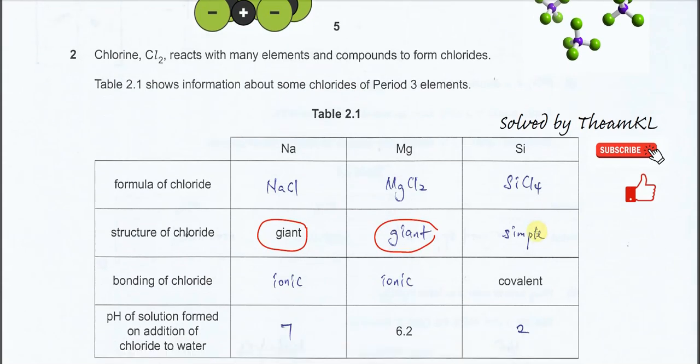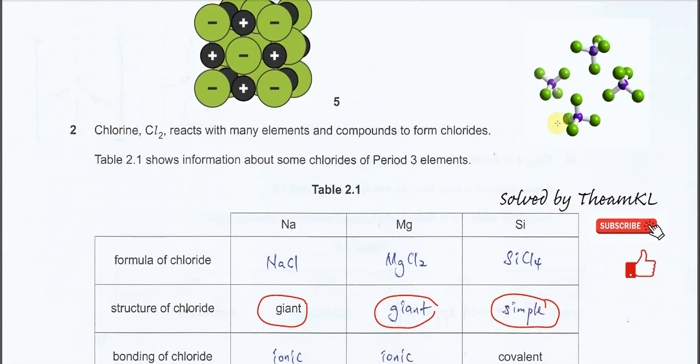So for this SiCl4, you have to understand the structure is a simple structure. It's not a giant molecular. Why? Because this molecule SiCl4 has just 1 silicon and 4 chlorine in one molecule.